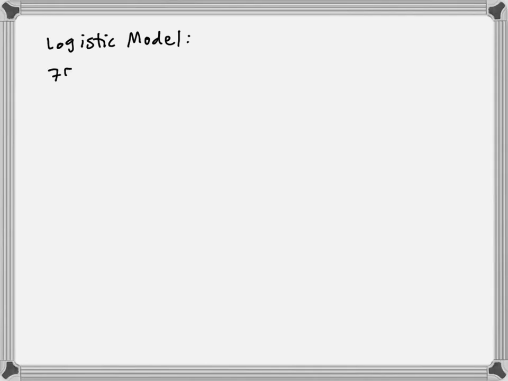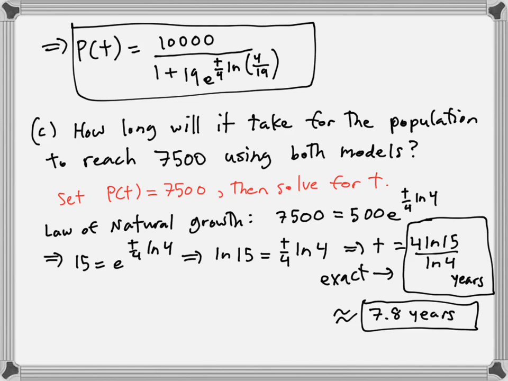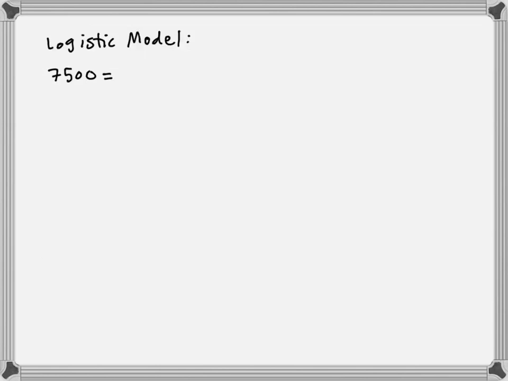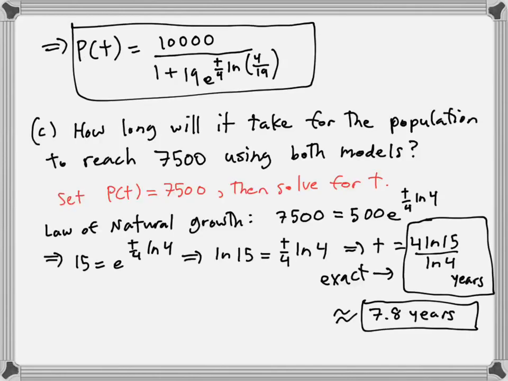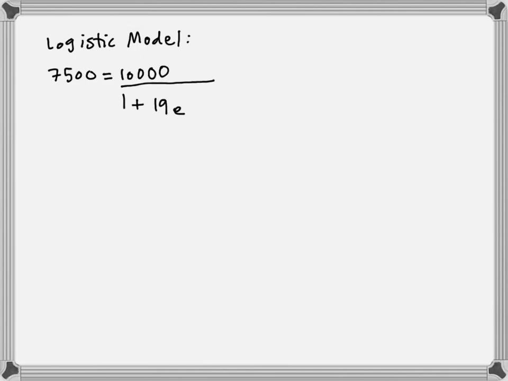We write 7,500 is equal to, now remember our other model is right here, 7,500 equals 10,000 over 1 plus 19 e to the t over 4 ln of 4 over 19. Okay, what do we do from here?